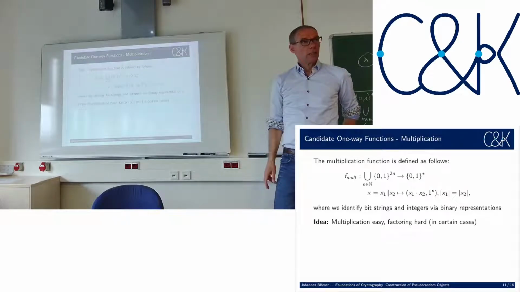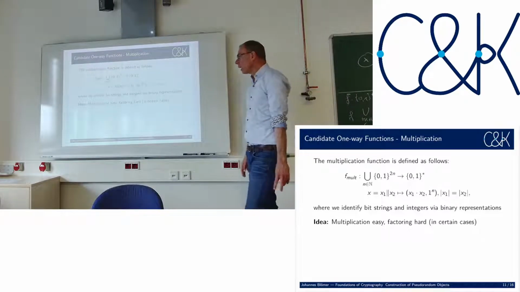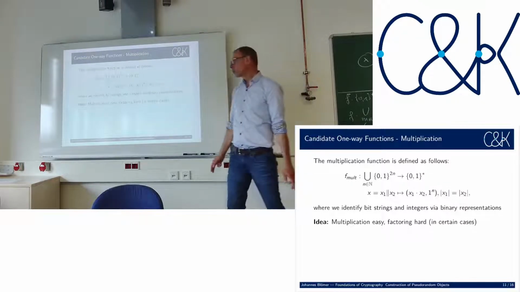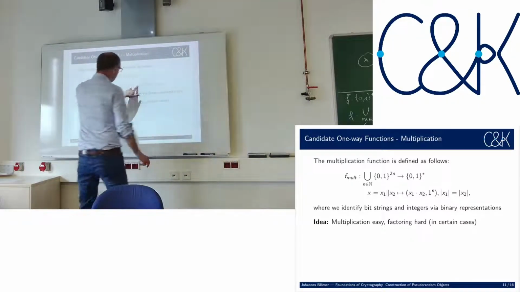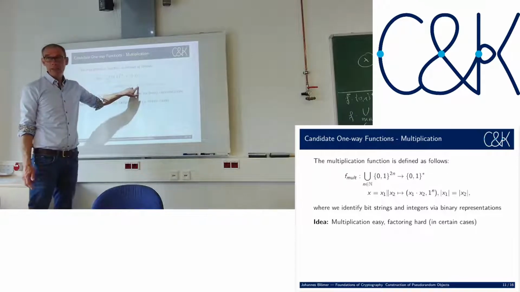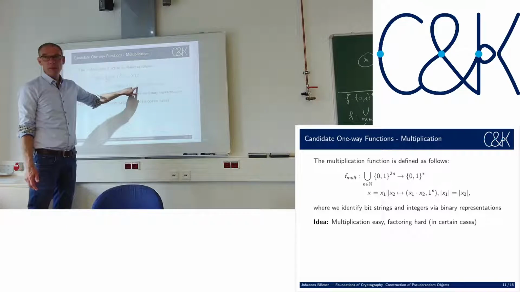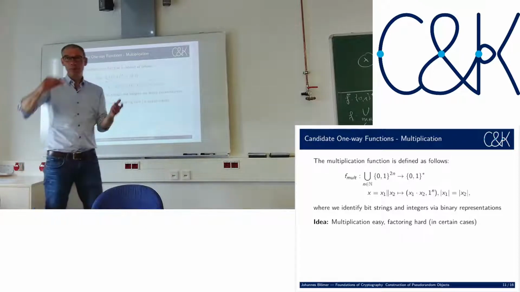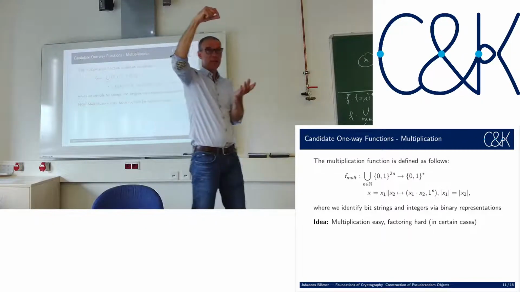Okay. So now what does it mean to invert this function? To invert this function means you get just the product of two things, and then you have to find the two components. But because of this 1^n, you have to find the components of the same length.